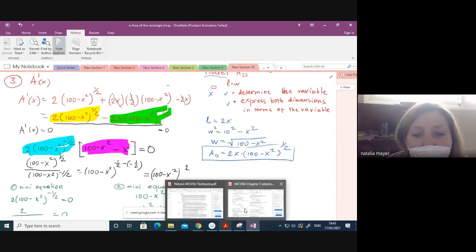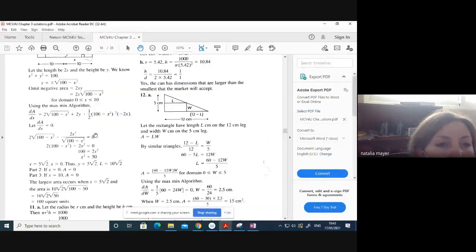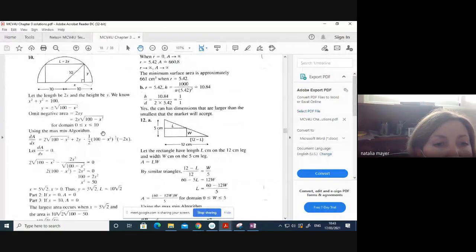Just a second. I have it here. Where is the area function? I don't see it. 2x times this, right? Is this what we got? Guys, can you check your notes? Is this our expression of the area? Yes, just put it in. 2x times 100 minus x squared. Okay, then it means that we made a mistake somewhere in the derivative.